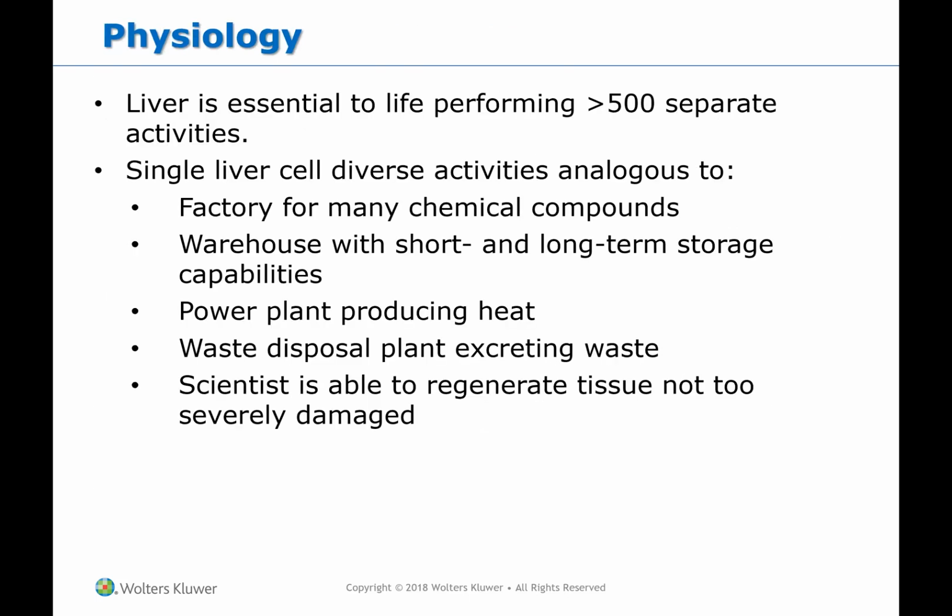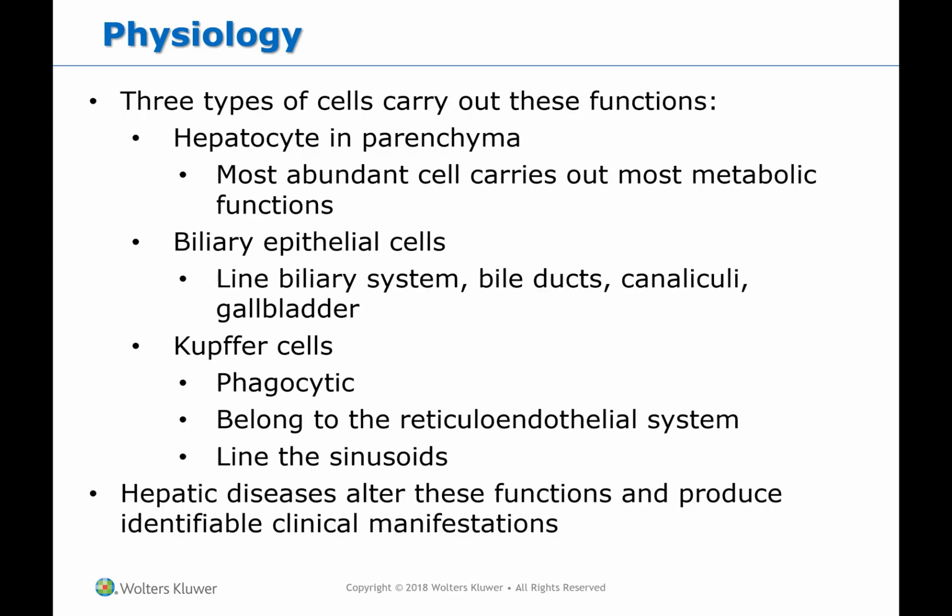The liver is essential to life, performing over 500 separate activities. A single liver cell has diverse activities: a factory making many chemical compounds, a warehouse with short and long-term storage capabilities, a power plant producing heat, a waste disposal plant excreting waste, and it is able to regenerate tissue if it's not so severely damaged.